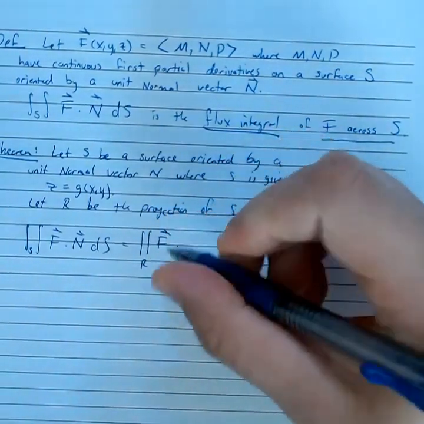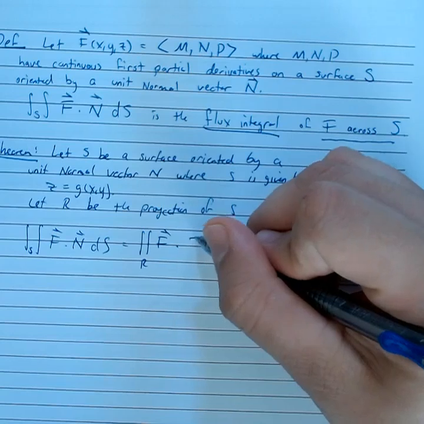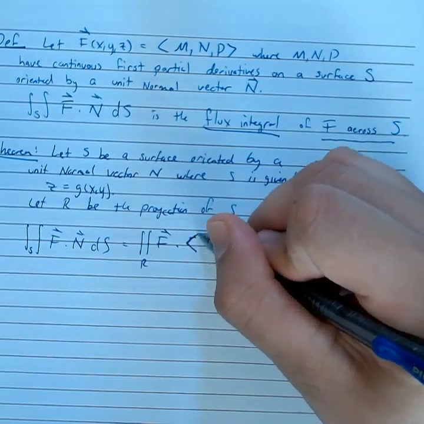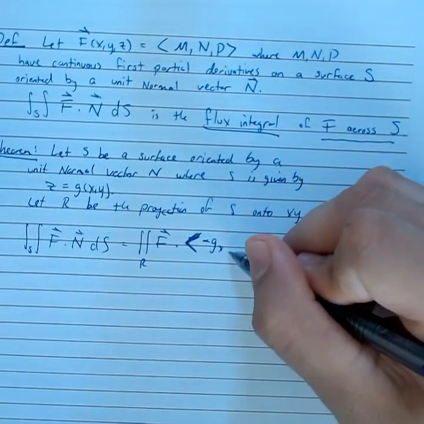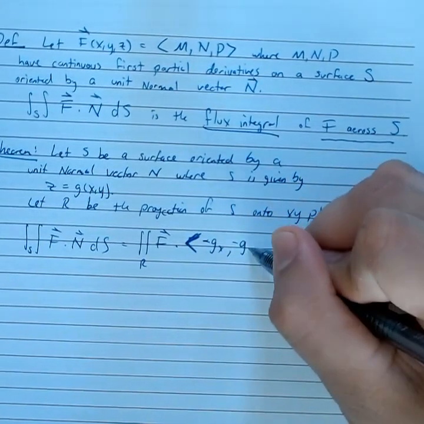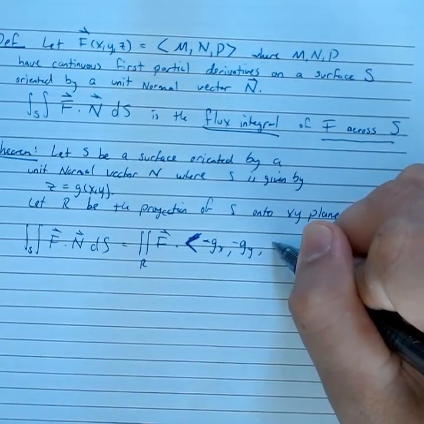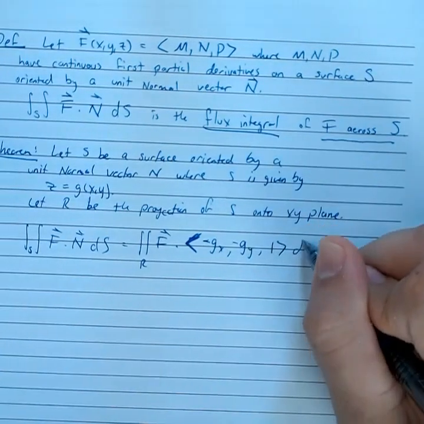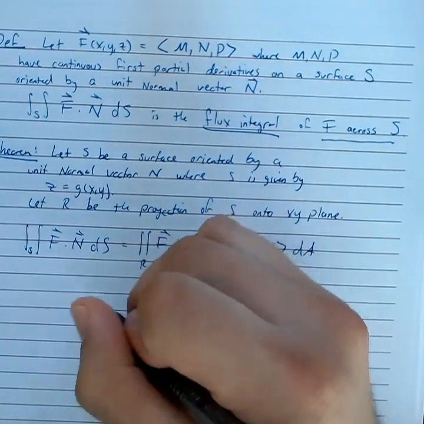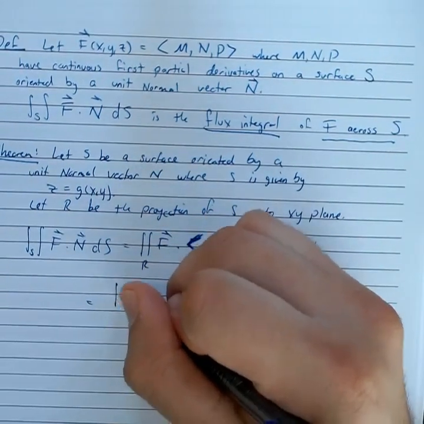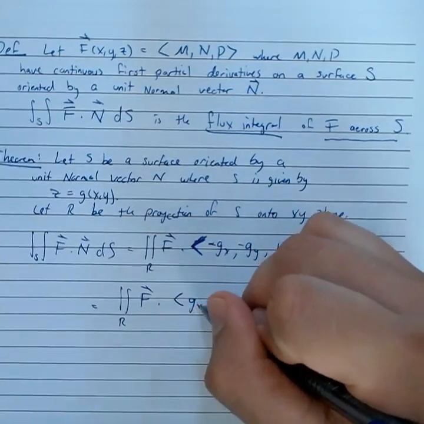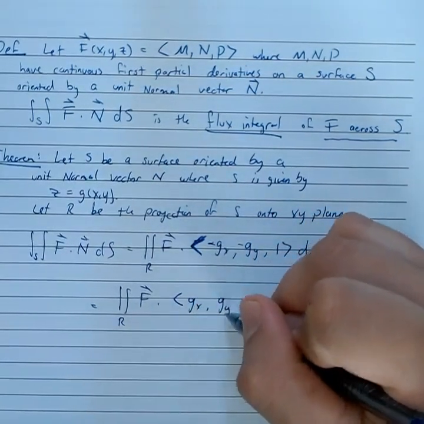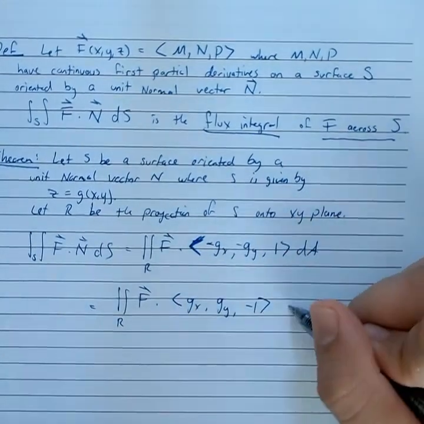F dot, here let me write this as, negative g sub x, comma, negative g sub y, comma, 1 dA, or it's equal to the double integral over R of F dot g sub x, comma, g sub y, comma, negative 1 dA.